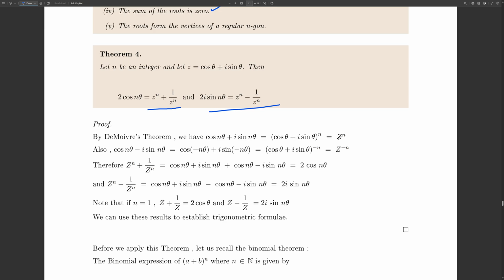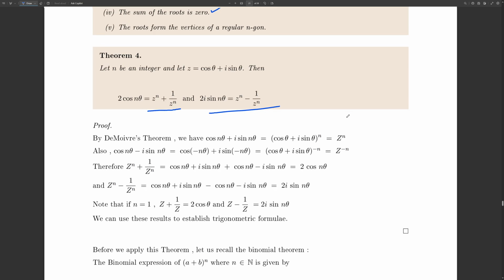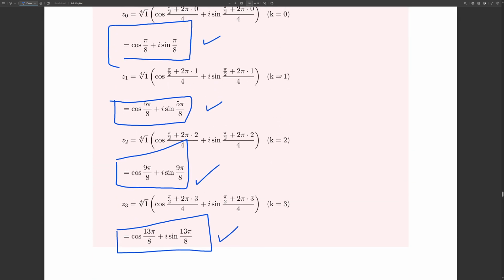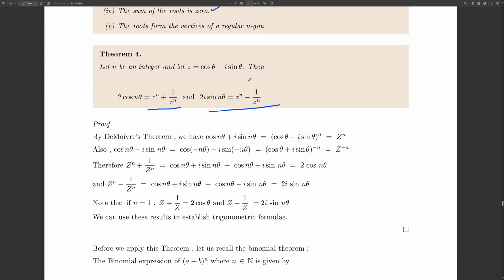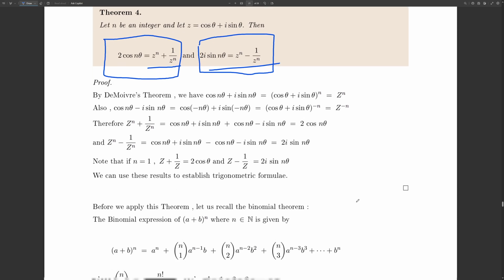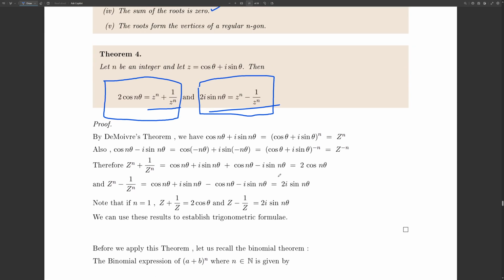Now you're probably seeing capital Z here to the power of n, right? I just use this distinction here as opposed to the small z as before, in order to create a distinction between what we did before in terms of using the Morse theorem to solve these types of questions, and using this result here to do something a little bit different, which involves using the binomial theorem, right?